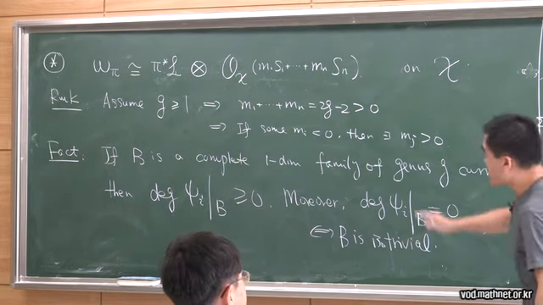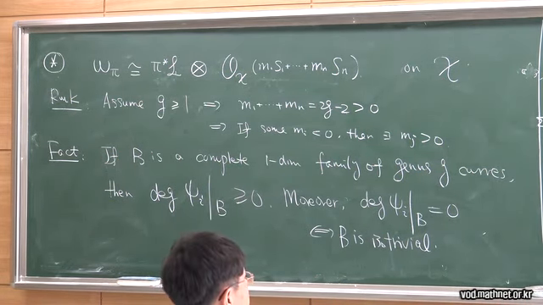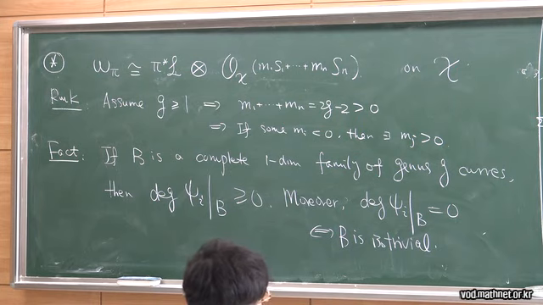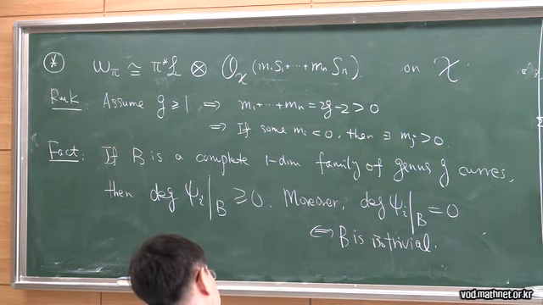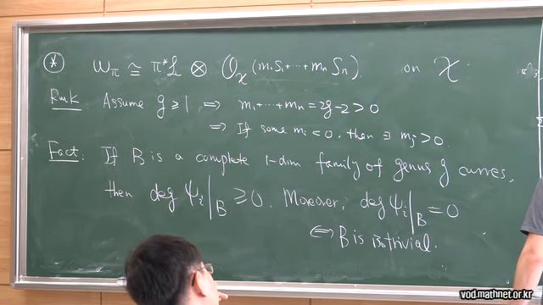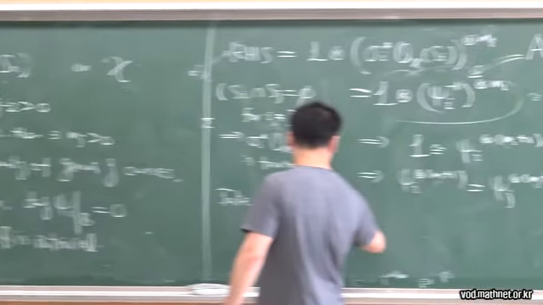Once I have this remark and fact, I'm almost done, because look: I take one mi which is negative and one mj which is positive. I know the degree of psi i is always positive, because my family B is not a trivial family. I assume it's a true complete curve in the family. So take some mi strictly negative and another mj strictly positive.